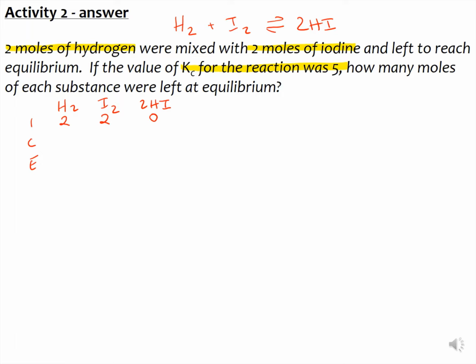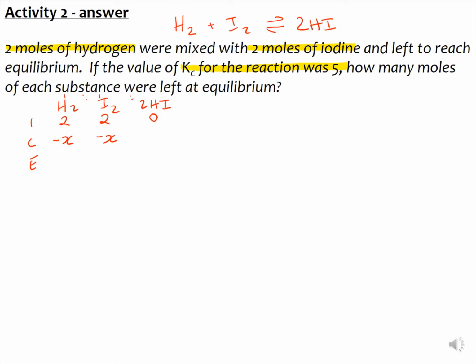At equilibrium, we haven't got any information, so we've got to look at this in terms of x. So H2, we're going to say, has gone down by x, and because it's a 1-to-1 ratio here with I2, I2 is going to go down by x as well.